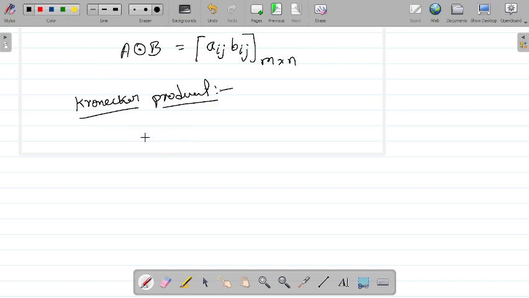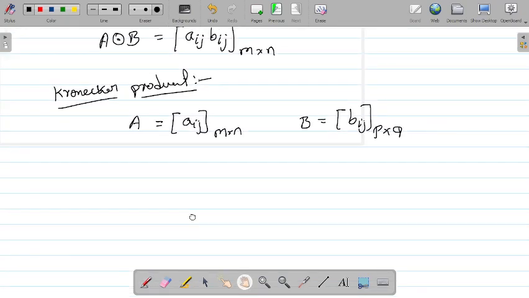Let me mention it. Let's say A is a matrix Aij of size m by n, whereas B is a matrix of any other size p by q. I don't have any condition that the rows must be equal to the columns. We don't have any such restrictions here.